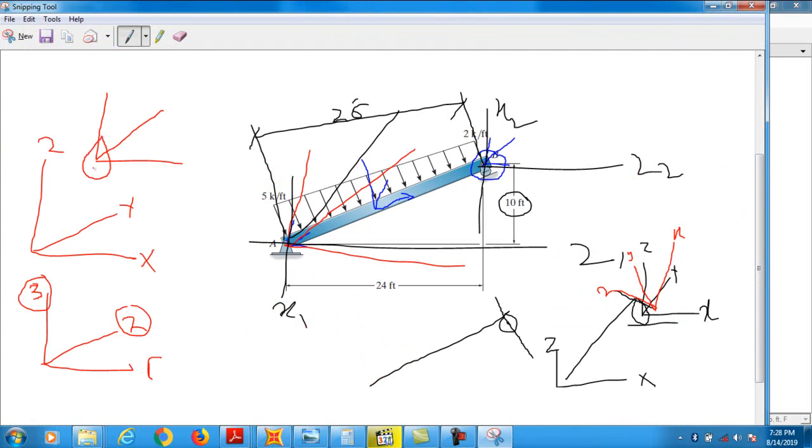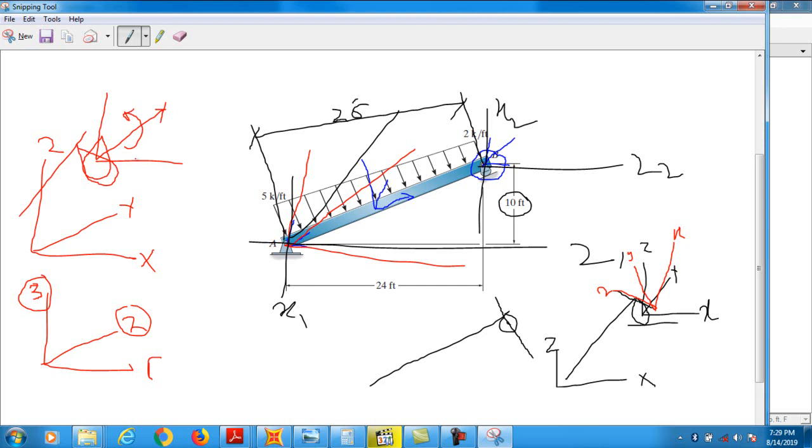Now we need to rotate this joint to make it perpendicular to the beam. Okay, now we need to rotate this element about the y-axis. Clear?